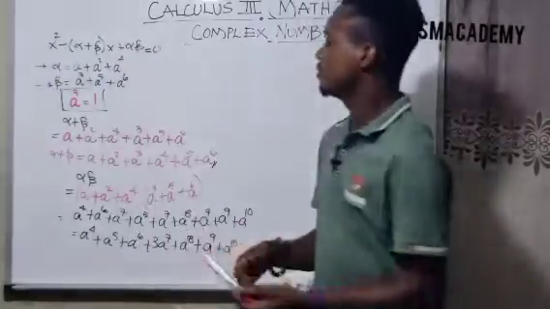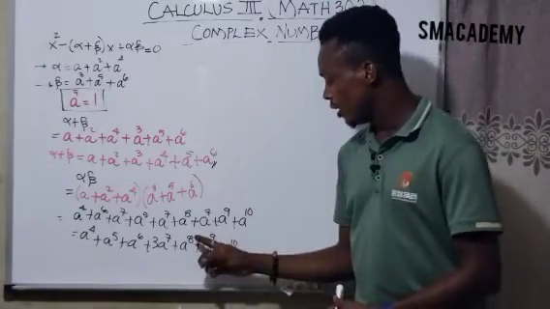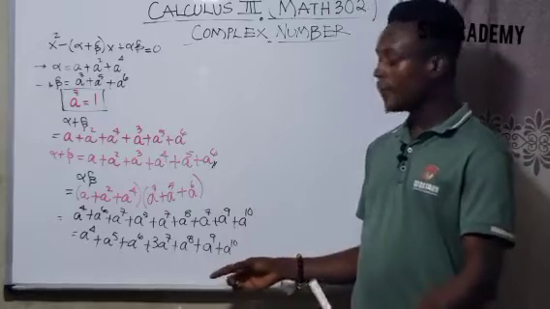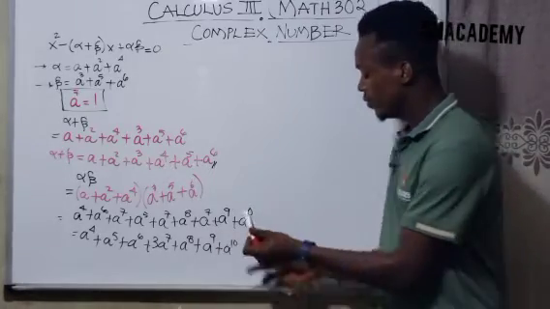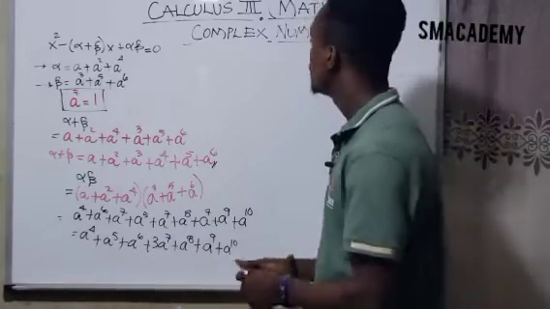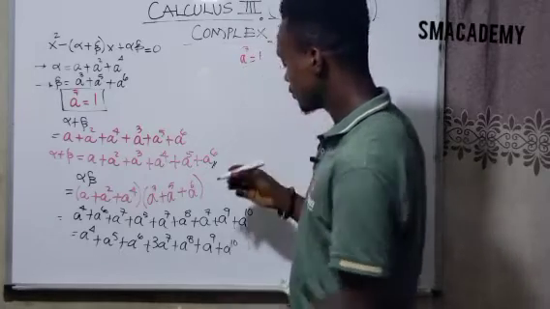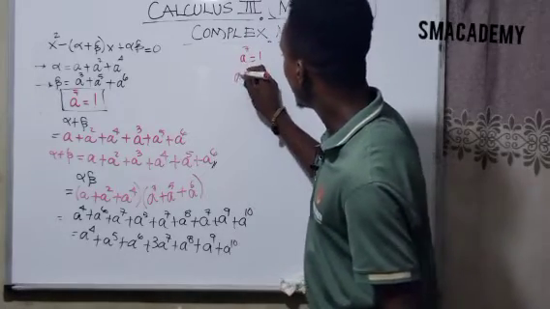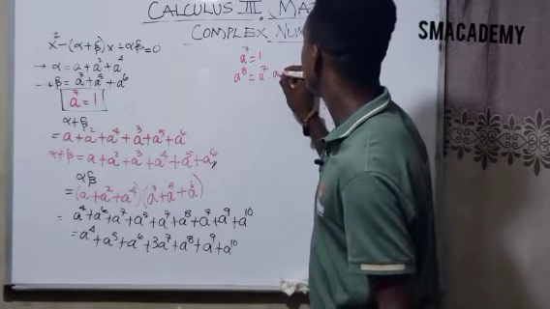Remember we said that a to the 7th power is equal to 1. So we can reduce a to the 8th power, a to the 9th power, and a to the 10th power using that. A to the 8th power is a to the 7th power multiplied by a.